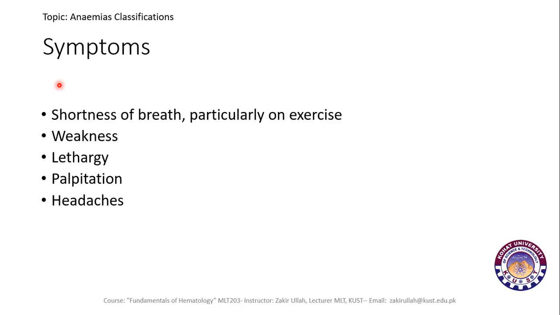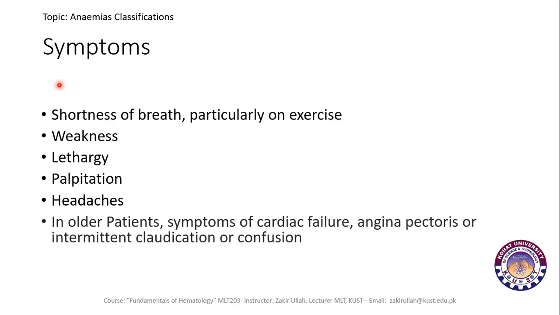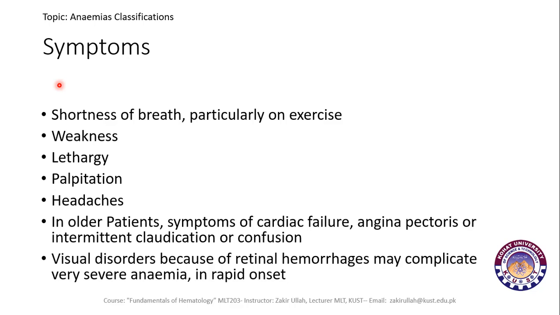And headache. In anemic patients, headache is also more prevalent, and in older patients there may be symptoms of cardiac failure, angina pectoris, intermittent claudication or confusion. So all these signs and symptoms may appear in the process of anemia.